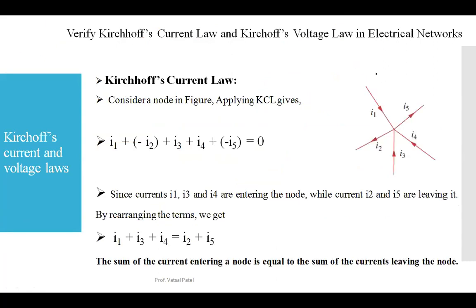If you have any junction in the circuit, with a number of branches connected to that junction or node, both are the same, then the algebraic sum of the currents entering the node is equal to 0. That means the sum of the current entering the node equals the sum of the current leaving the node. That is the KCL.